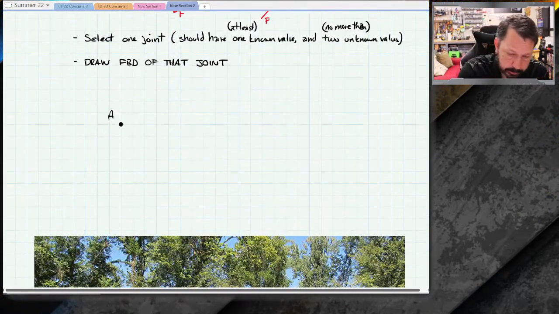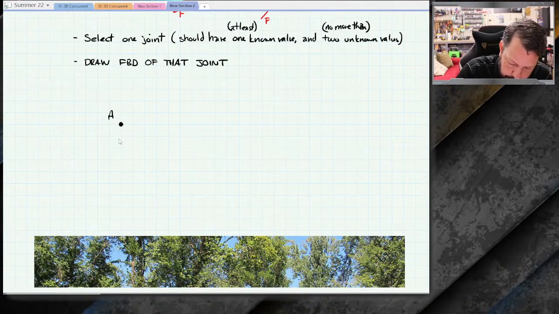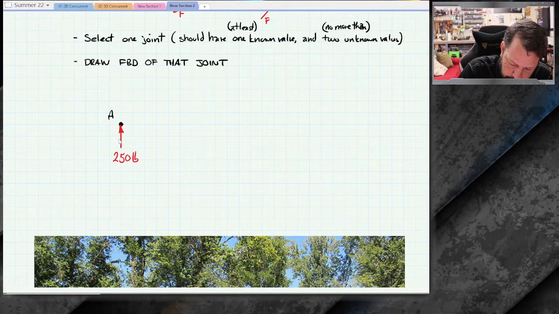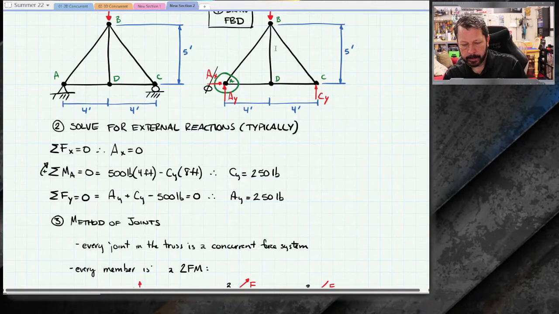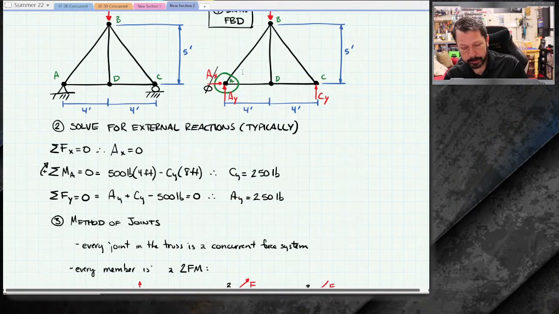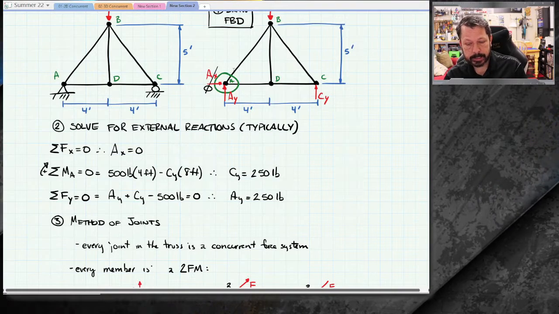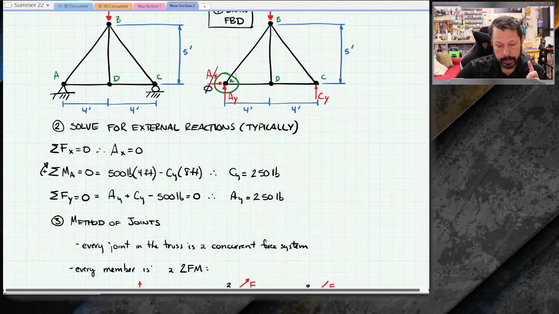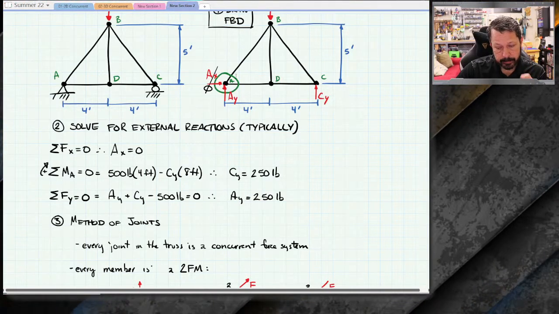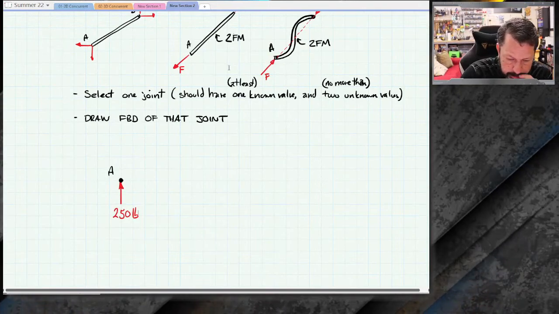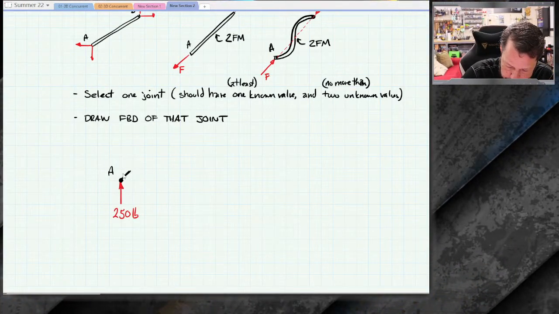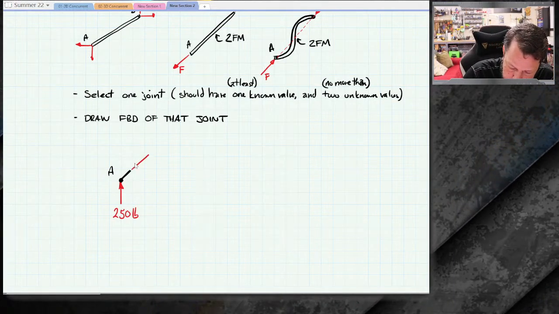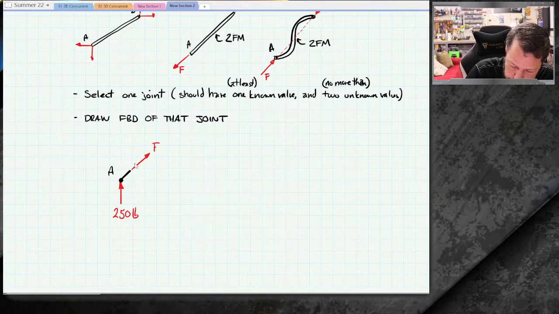So I'll put that on there. I don't know AD or AB, but part of my rules for trusses tell me that every member is a 2-force member. So when I go to draw the AB force, here's AB, it's headed off this way. And the force in that one, I don't know if it's tension or compression, but I know it's in this direction. And that's the force in AB.